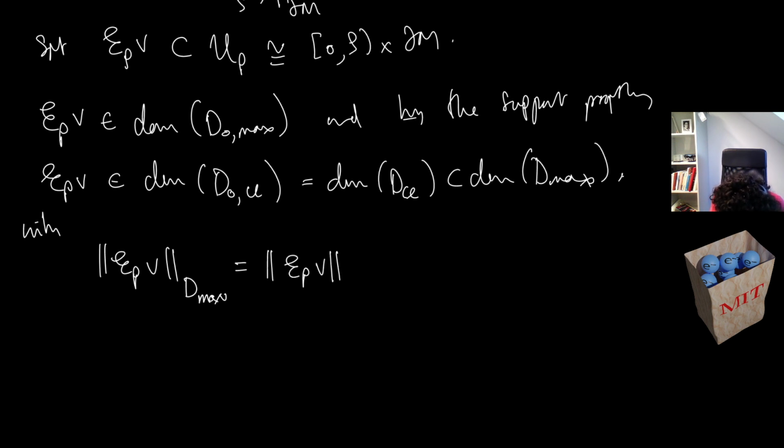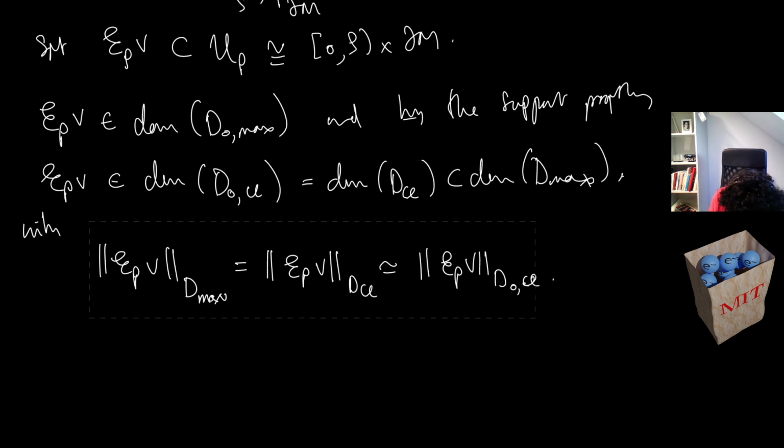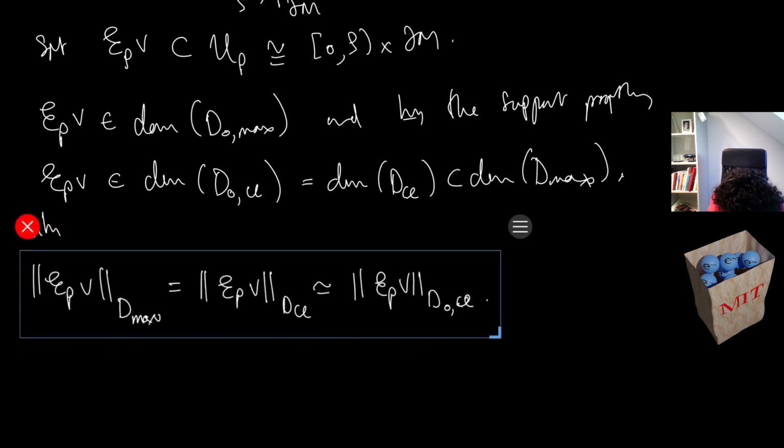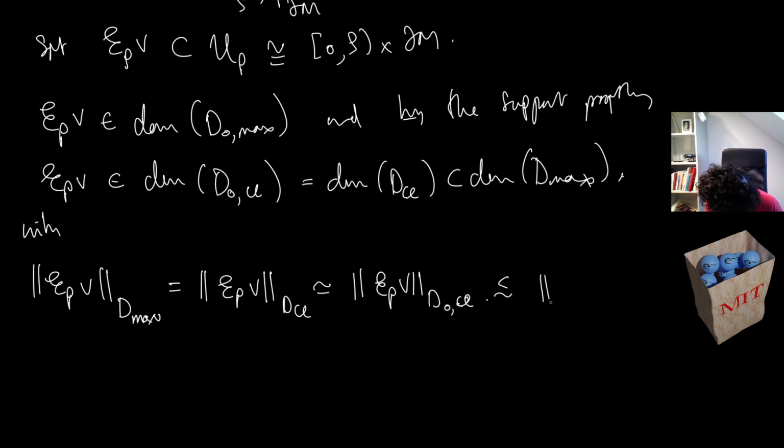E rho of V in DCL, which is comparable to E rho V in D naught CL, and now this is bounded by what we want, right? So this is bounded by V in H check of A of D naught.